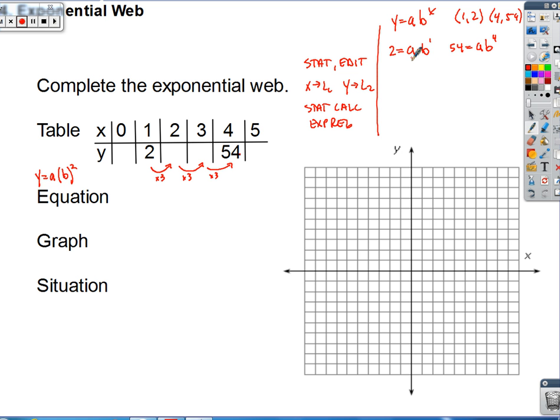So what I'm looking at here is maybe solving for a. To solve for a, I have to divide by b. So a is going to equal 2 over b, and then I plug that into my other equation for a.